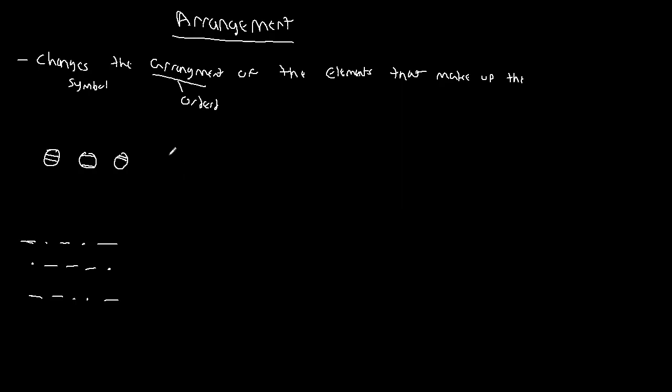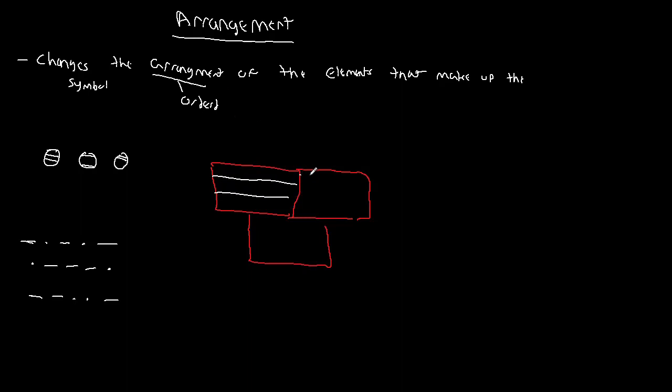Now for polygons, I think they're a little bit more confusing in terms of arrangement because it looks very similar to spacing. But we might have something like 1, 2, and instead we could do 1, 2, or something like 1, 2. So we've kept the same number of elements, we've just changed the order in which they're being presented.